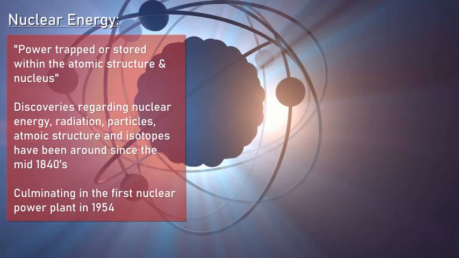It came from the discovery and scientific acquisition of knowledge through experiments, trial and error, and the ability to understand the atom: what's inside the nucleus, the protons, the neutrons, the electrons, the orbital paths and fields, the size of atoms, isotopes, and radiation in general, and the emittance of different particles like alpha and beta particles and gamma radiation. It also gave us the ability to understand how this energy is released from the atom in two different ways.